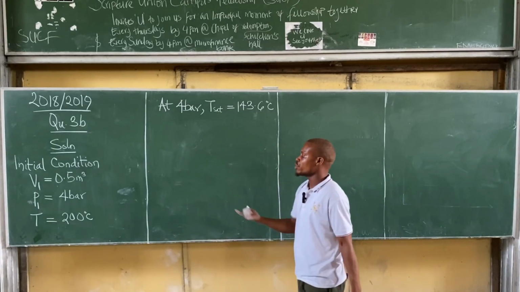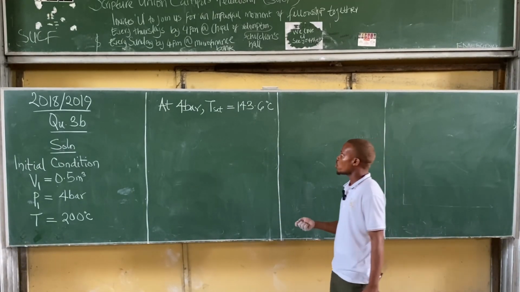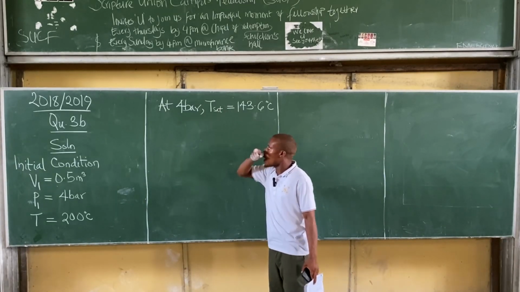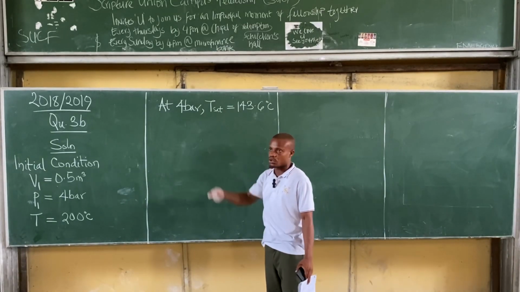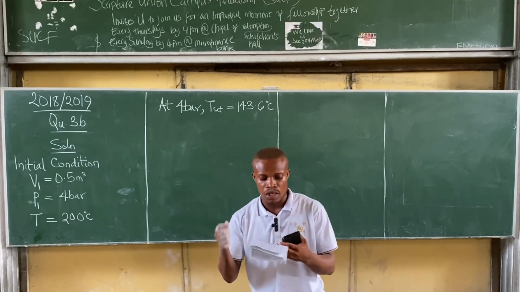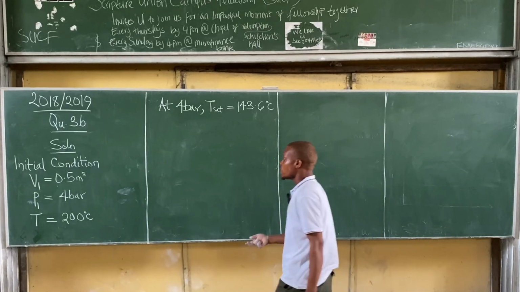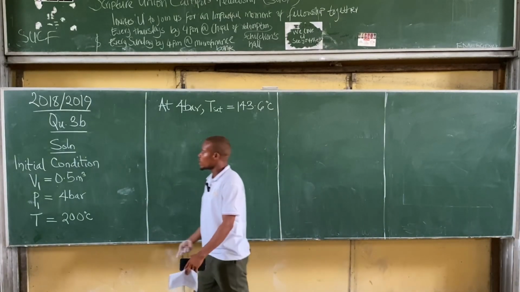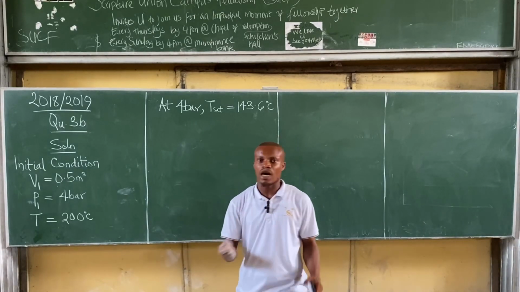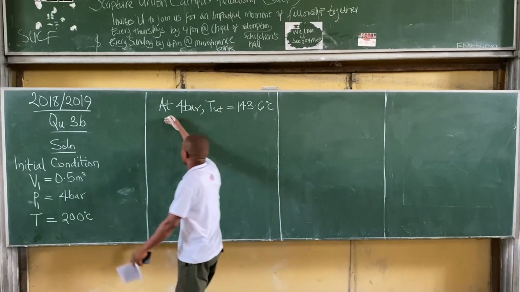Now let's compare. The given temperature is 200 degrees Celsius. Since the given temperature is greater than the Tsat, the saturated temperature, therefore the initial condition is superheated. Since the given temperature is greater than Tsat, therefore our steam at the initial condition is superheated. Okay, let's write that down.